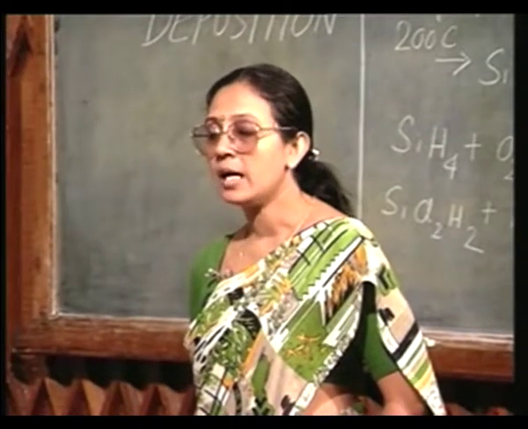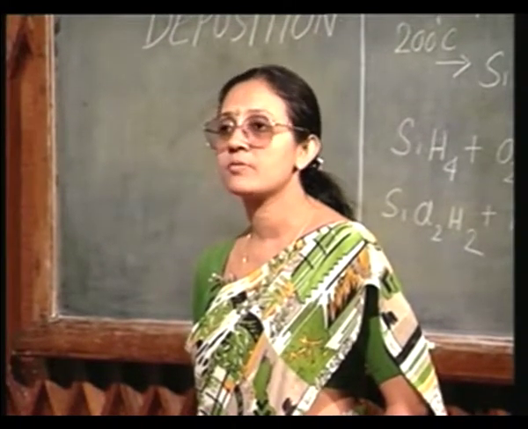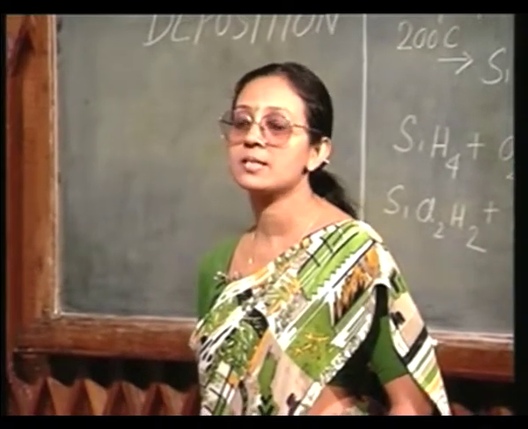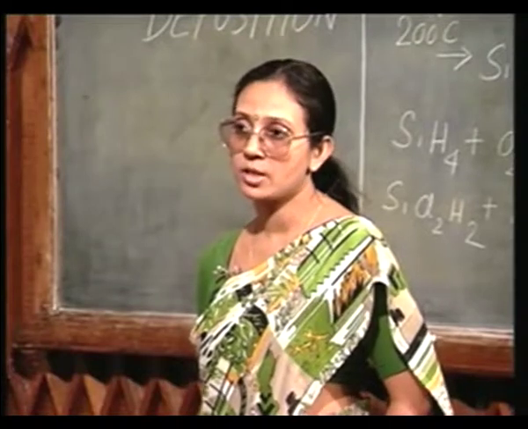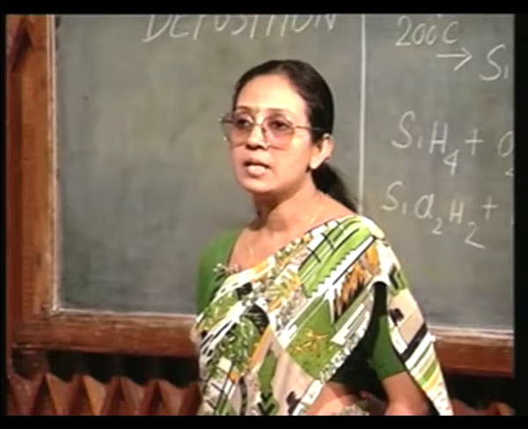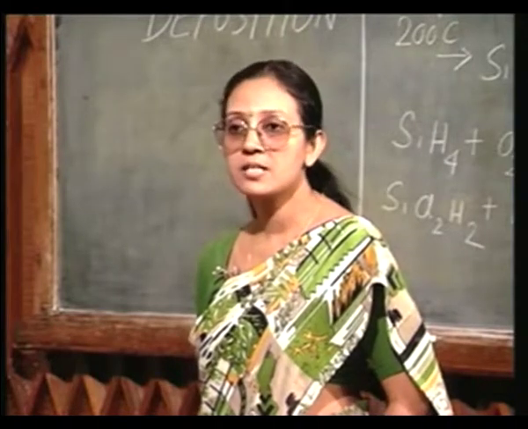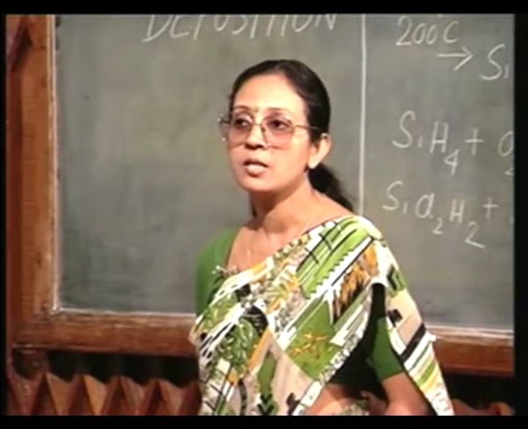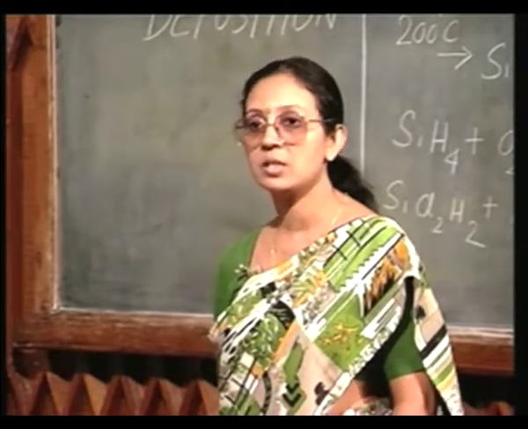The other very interesting property of silicon nitride, which we will explore later when we discuss the bipolar junction transistor and MOS technology in detail, is that silicon nitride is resistant to oxidation. It is 100 times more resistant to oxidation than silicon.